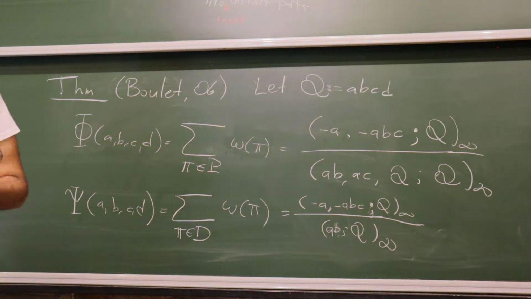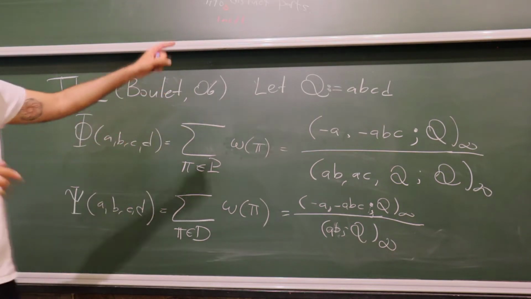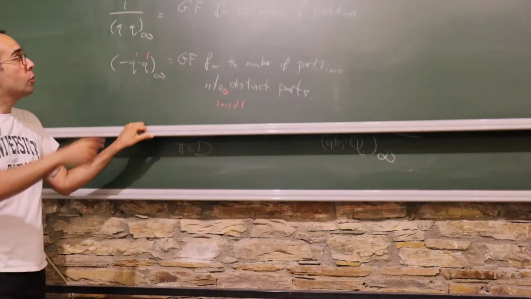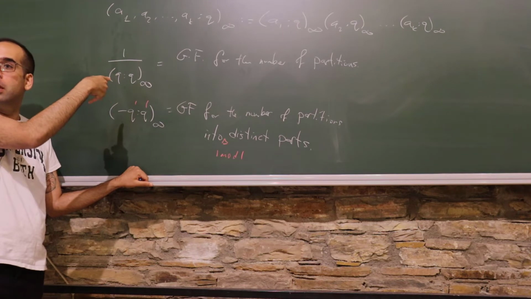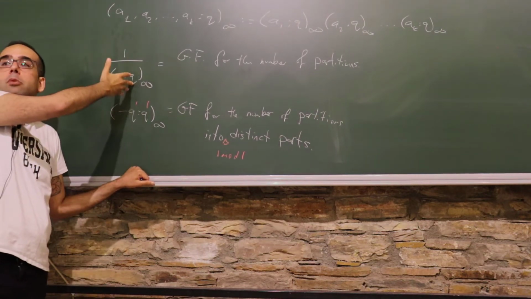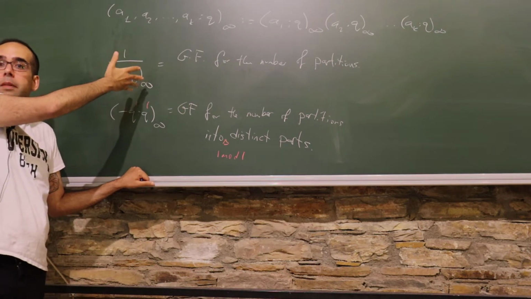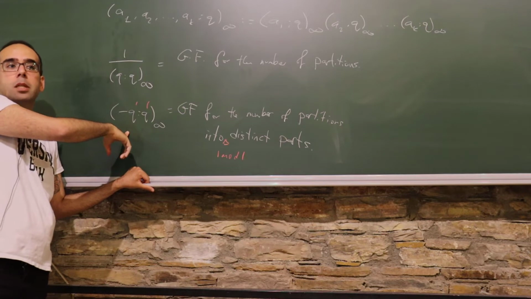Perfect. Now, well, first off, this is a generalization of the generating functions that we have seen. Or so we are saying. We know that when A, B, C, D are all Q's, we should get these generating functions, where we count the number of partitions itself and it's Q, Q infinity, or when we're counting the partitions in the distinct parts.